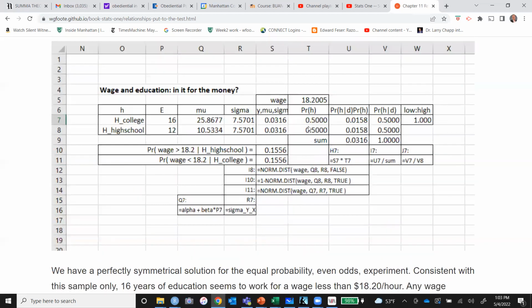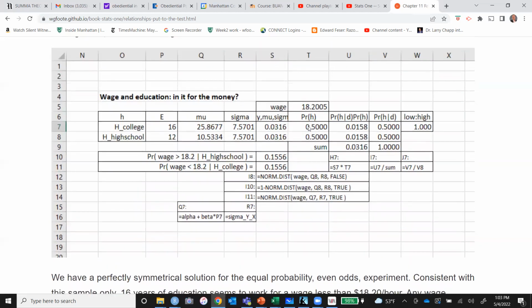And then in another part, what we will do is this with the WTI. Instead of A being 1 and 0 for AM and PM above this, we now have two different educational levels, college and high school. And we ask the question, a wage of $18.20, is it a college wage or a high school wage?